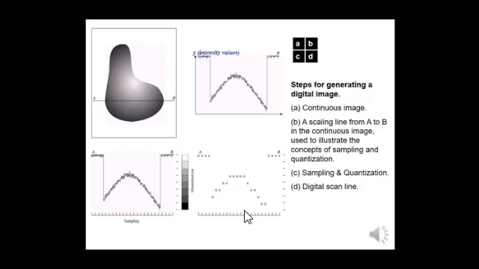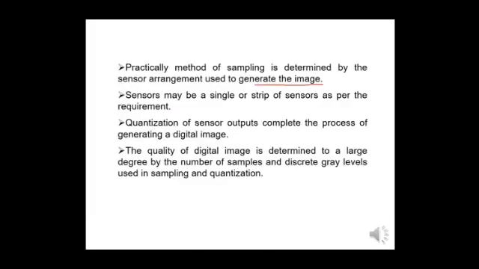So we can acquire a digital image using sampling and quantization. Now let's see how we can do it. Sampling is determined by the sensor arrangement used to generate the image. The sensors can be a single sensor or a strip of sensors, according to the customized requirement of the user.